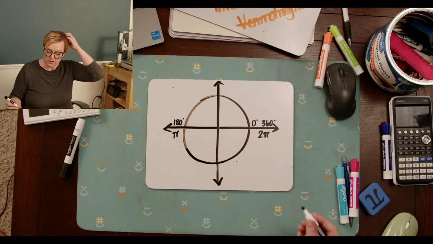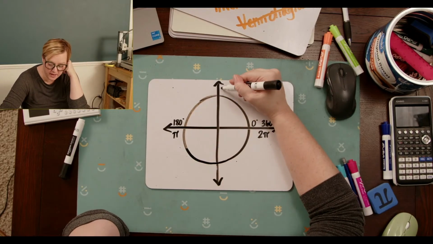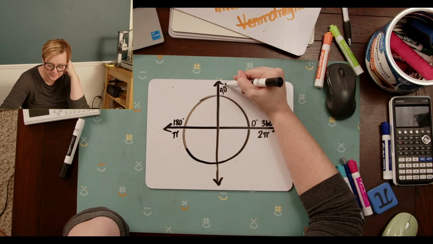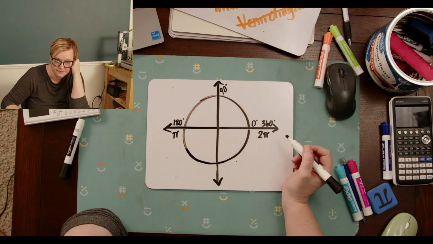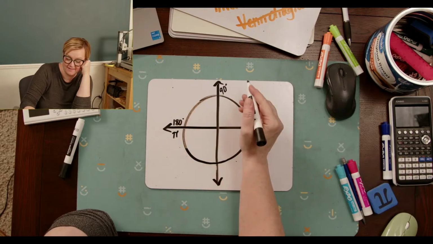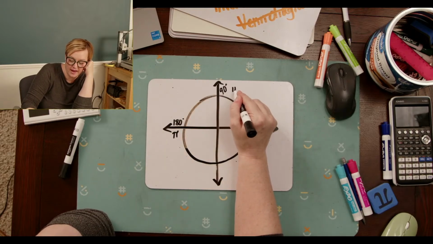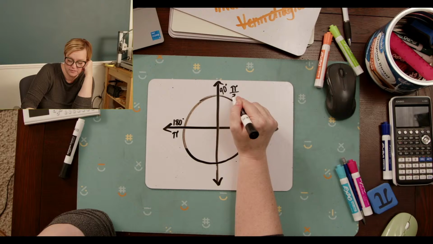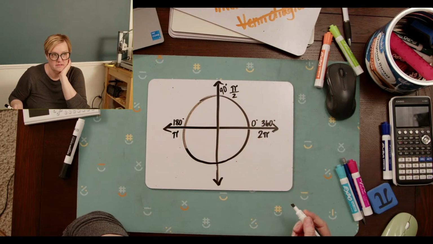Okay, so 90 degrees up here would be what? It would be half of a pi. So it's pi over 2. Okay, half of pi.